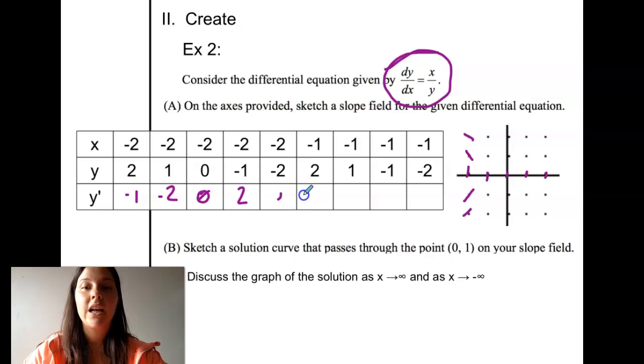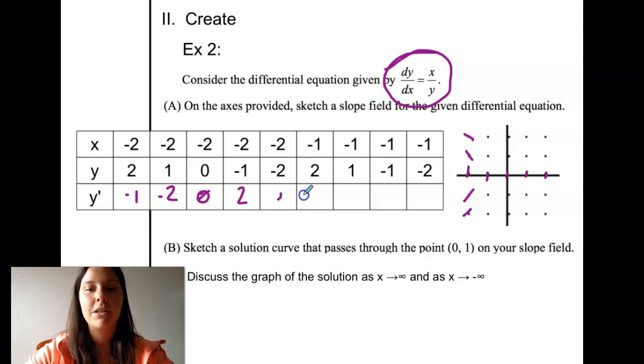Now moving to the negative 1 column, negative 1 divided by 2 gives us a slope of negative 1/2. So going to negative 1, 2, this line will be shallower than that slope of 1, but still falling. So you're just sketching these slopes to match as best you can.